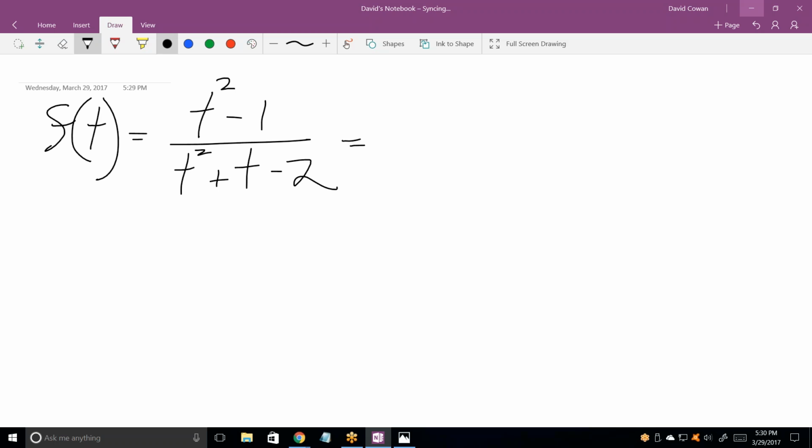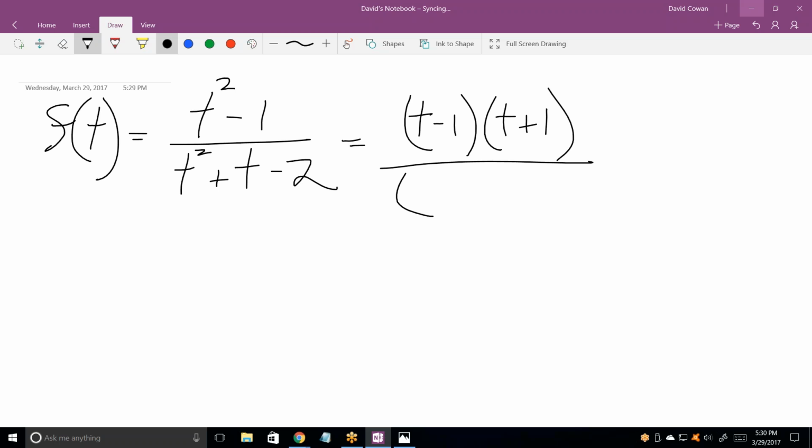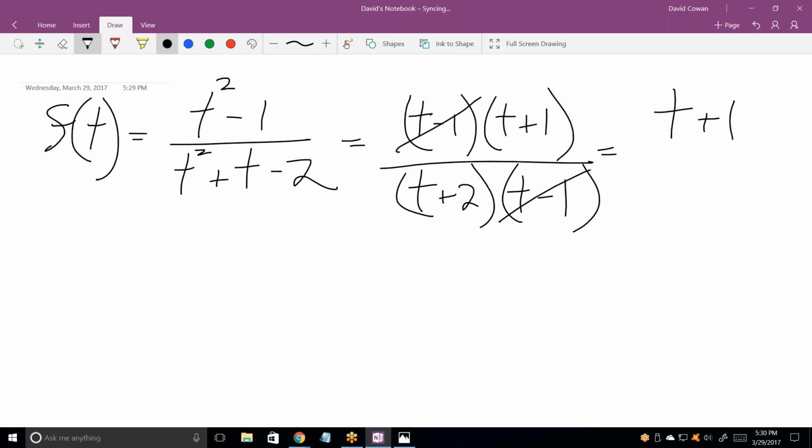So the top actually factors into t minus 1 times t plus 1. And the bottom factors into t plus 2 times t minus 1. Now I can cancel those two, and I end up with something a lot simpler looking that'll be a lot easier to apply the quotient rule to.